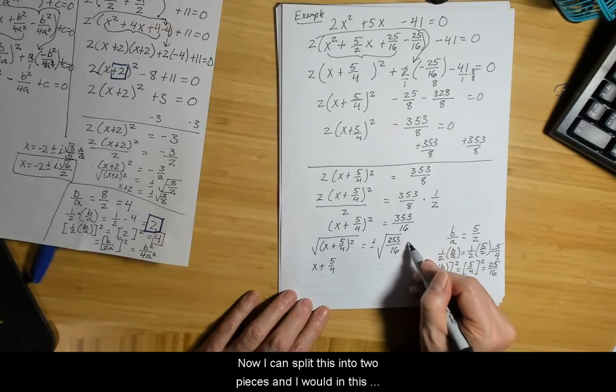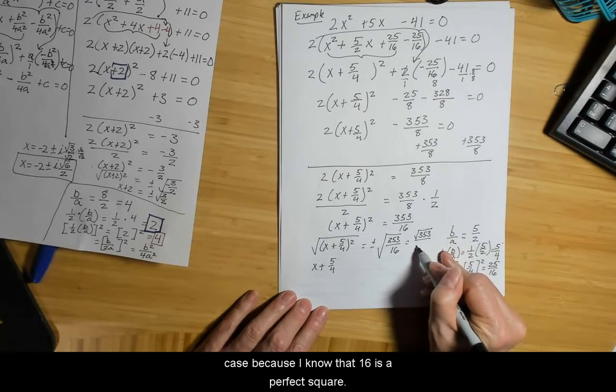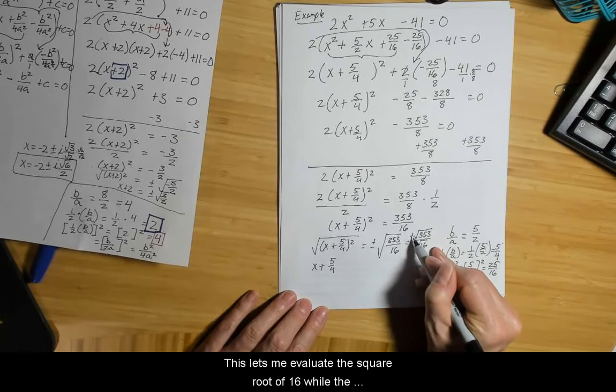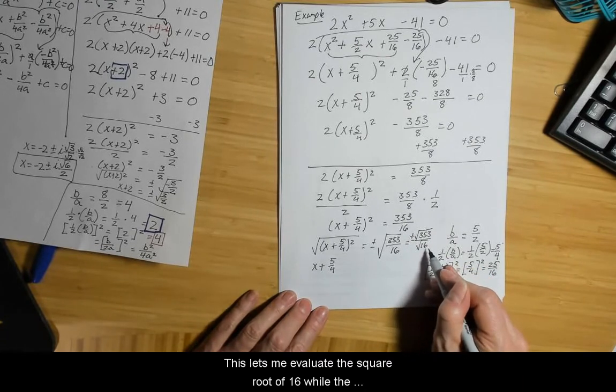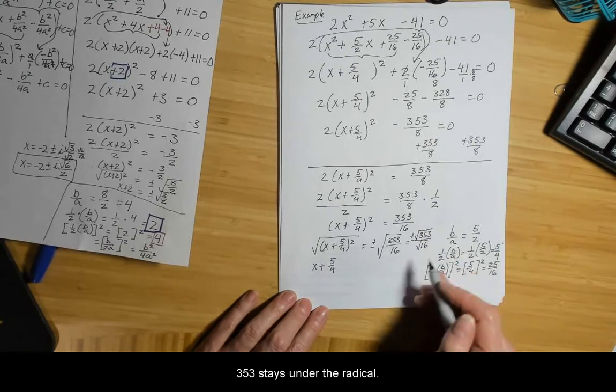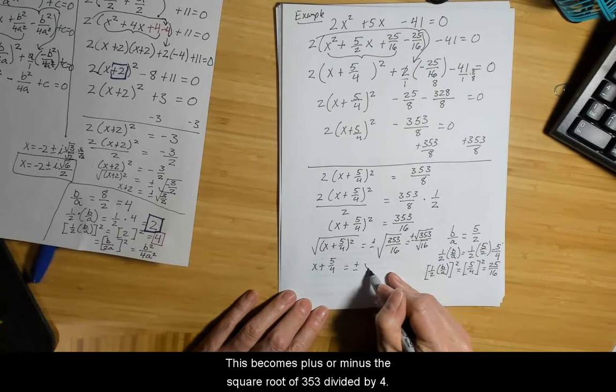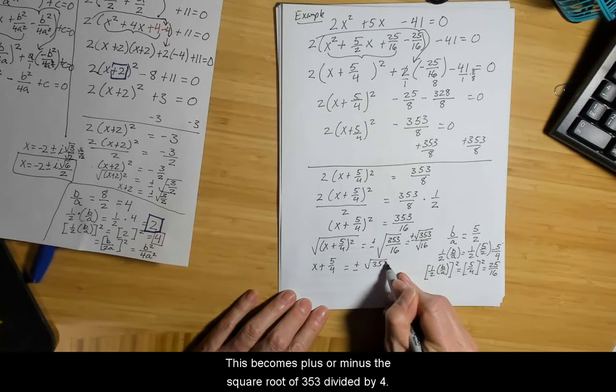Now, I can split this into 2 pieces, and I would in this case, because I know that 16 is a perfect square. This lets me evaluate the square root of 16 while the 353 stays under the radical. This becomes plus or minus the square root of 353 divided by 4.